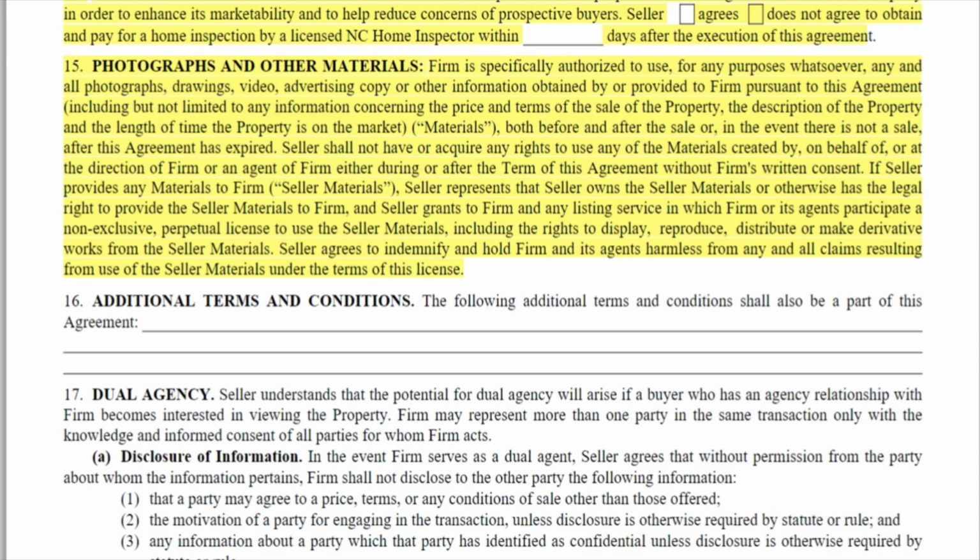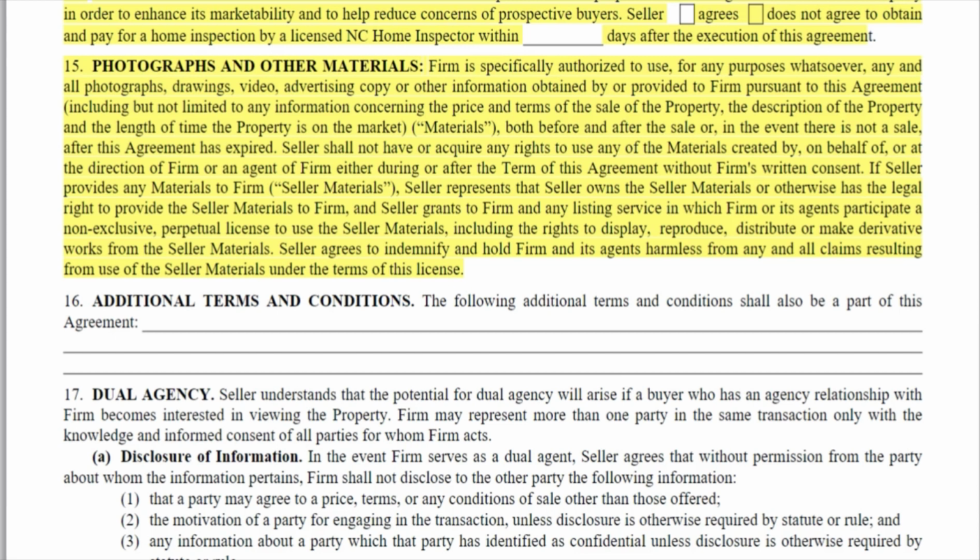If the seller provides any materials to firm, seller materials, seller represents that the seller owns the seller materials or otherwise has the legal right to provide the seller's materials to the firm, and the seller grants to firm and any listing service in which firm or its agents participate a non-exclusive perpetual license to use the seller's materials, including the right to display, reproduce, distribute, or make derivative works from the seller's materials.